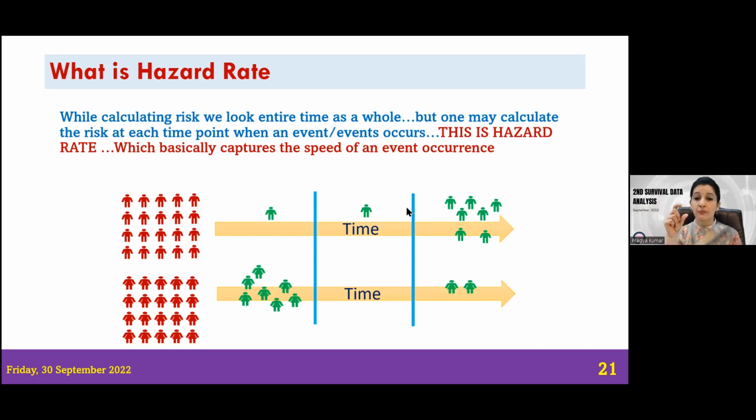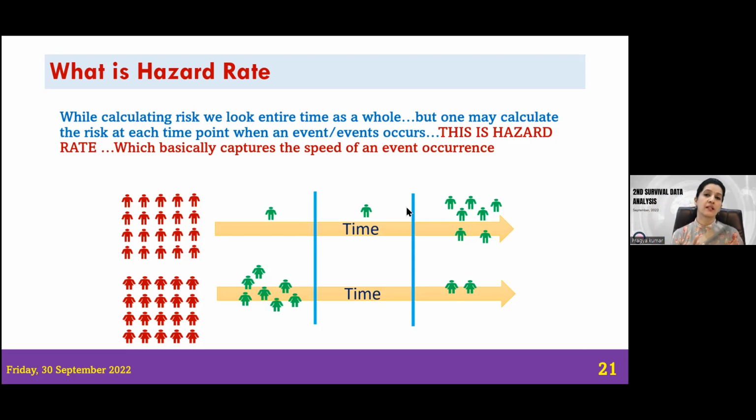It's not a single point event. So the risk set, which we have defined as the people who are at risk of development, or the proportion who survived after that time, keeps changing. If you divide the hazard rate of one group with the hazard rate of the other, whatever we take in the denominator acts as a reference, like in the case of an odds ratio.